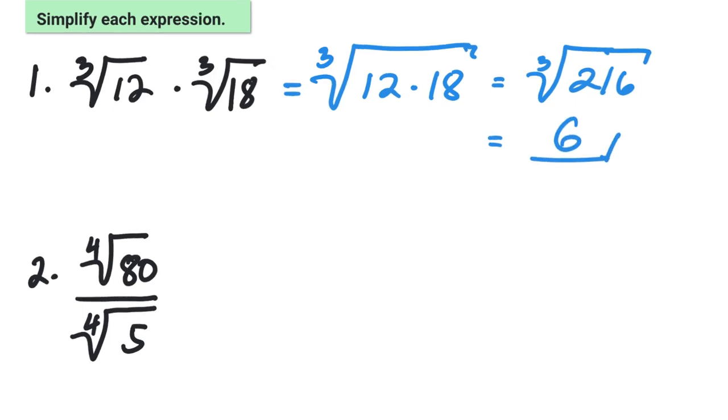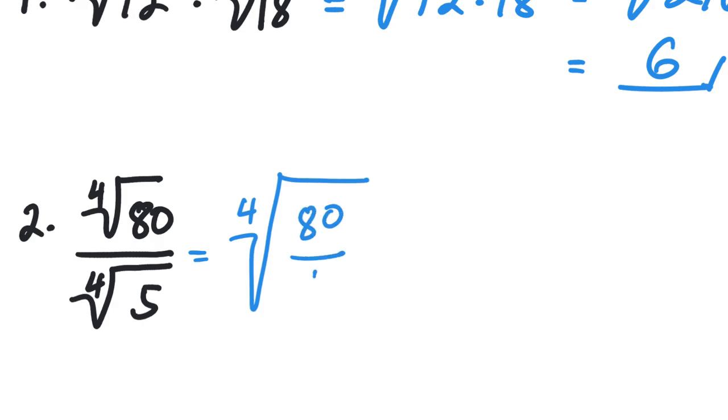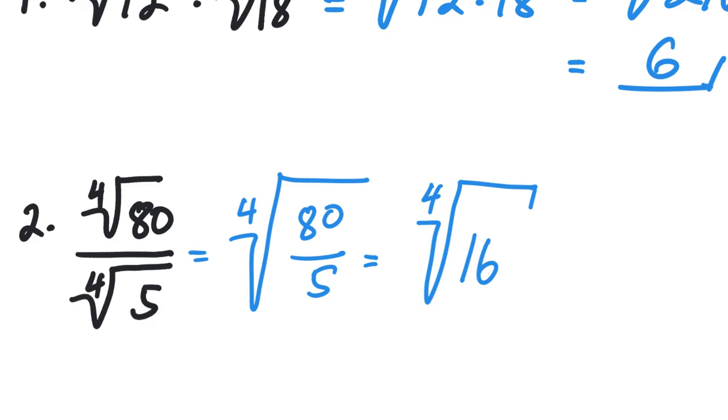Okay, number 2, we're going to put them together. That's going to give you the fourth root of 80 divided by 5, and 80 divided by 5 is 16. So that's the fourth root of 16, which is simply 2.